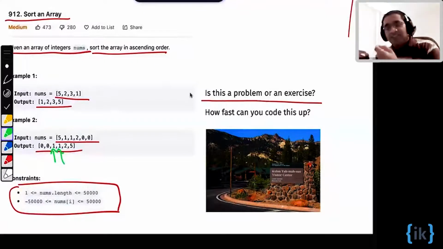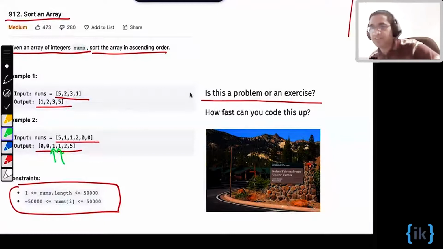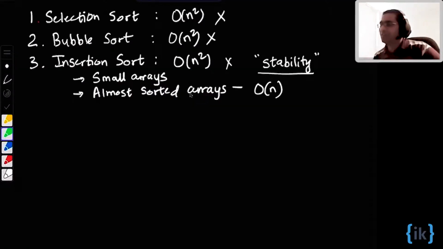But if these integers were keys of more complex objects, then it could matter which of them appears first, because they could differ in those other fields. So Heapsort, for example, is a general sorting algorithm. It doesn't assume that the input is an array of integers. It could be an array of any kind of object. And when you're implementing a general sorting algorithm like that, it's good to have stability.